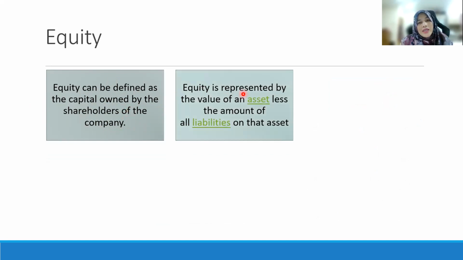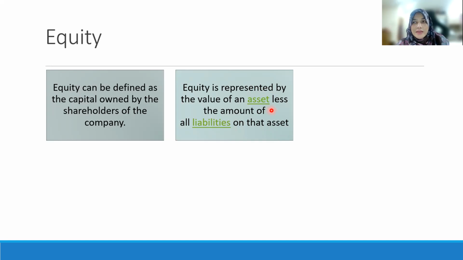Yes, so it is represented by the value of assets less the amount of liabilities on the assets. What does it mean? Equity is equivalent to the value of assets less liabilities. So for example, the company has a building, machinery and motor vehicles, but the company still has debt to the bank. In buying the property, for example the building, they took a loan.